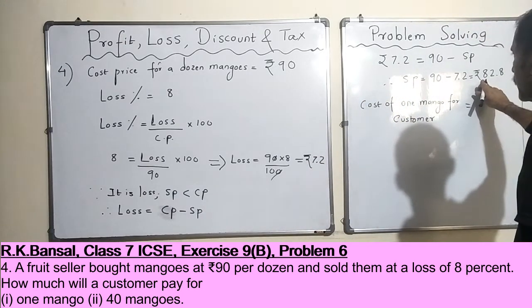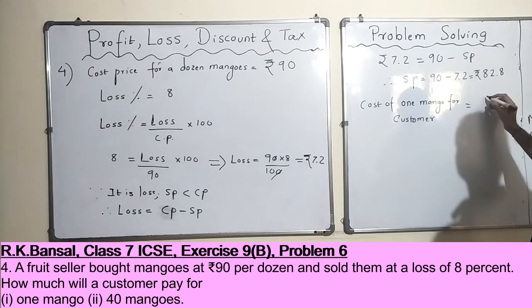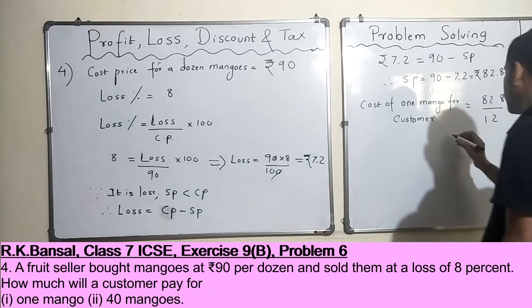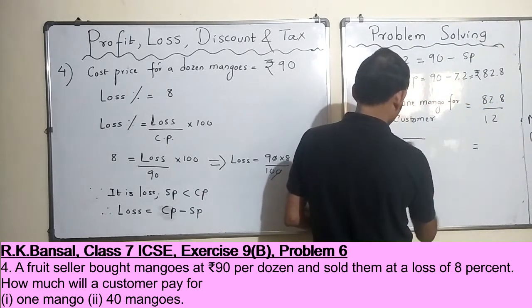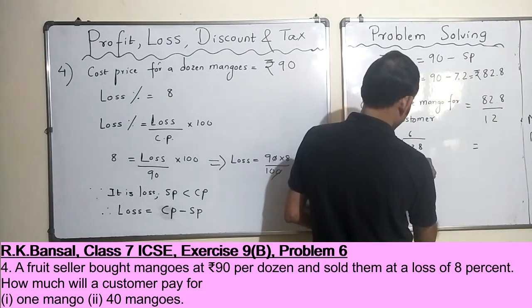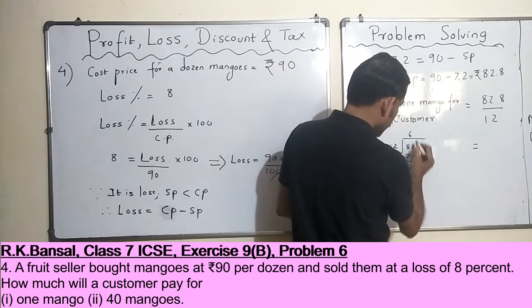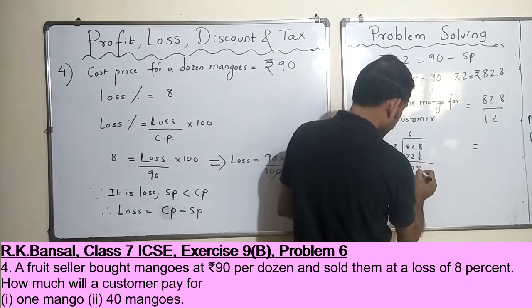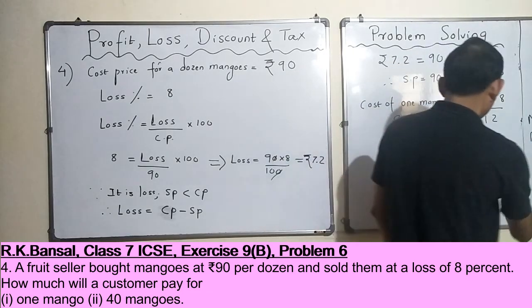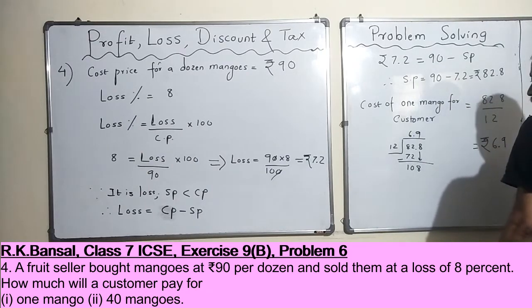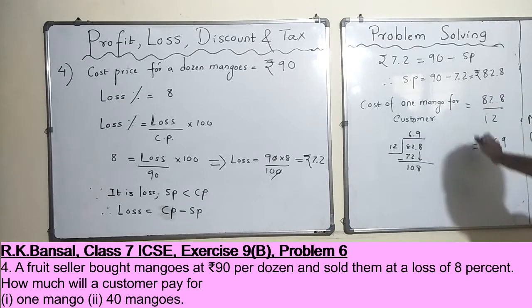The fruit seller is selling it for 82.8 for one dozen. So for one mango it will be this, no? If you divide it, 82.8 by 12: 12 sixes are 72. The moment you hit a decimal, you put a decimal here, you bring this 8 down, 12 nines are 108, so it is 6 rupees 90 paise. Okay, all right. So that is the cost of one mango for the customer.